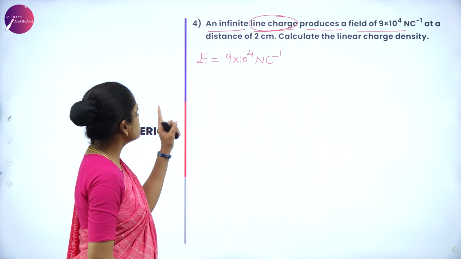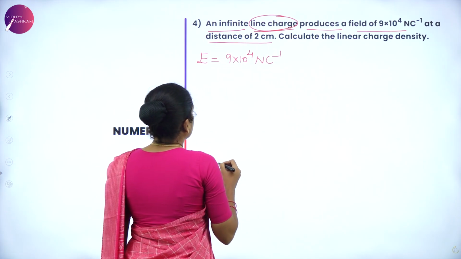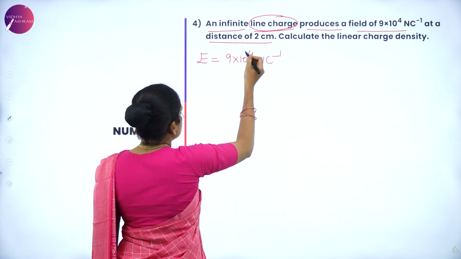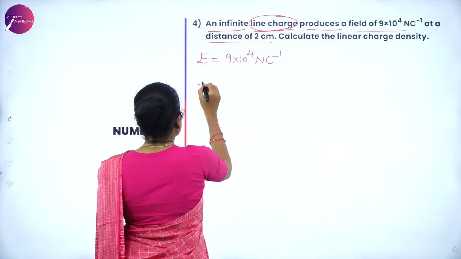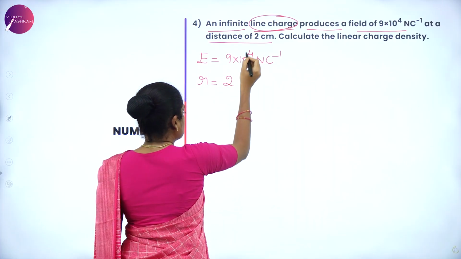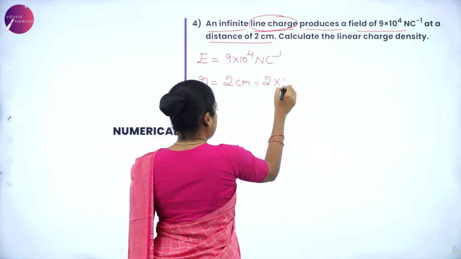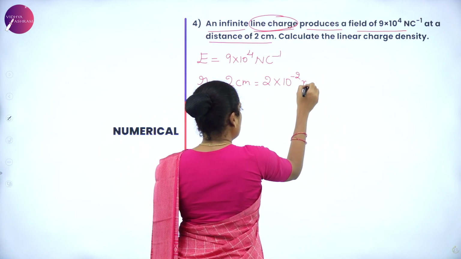At what distance is the electric field calculated? The electric field is calculated at a distance of 2 centimeters. So let us consider r as 2 centimeter, convert that into meter by multiplying 2 by 10 power minus 2.